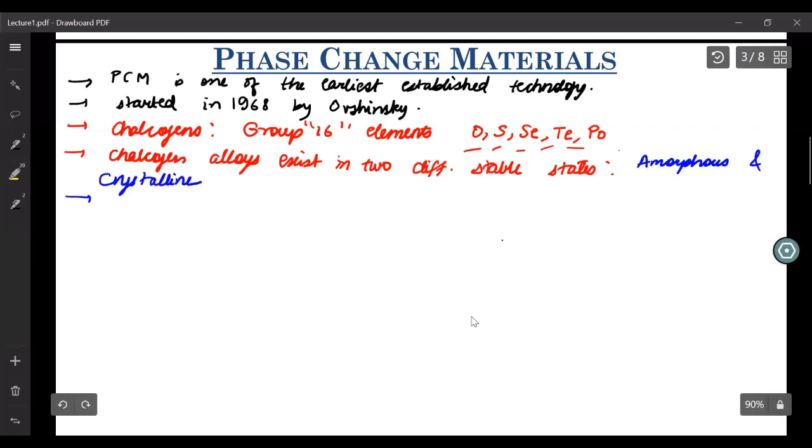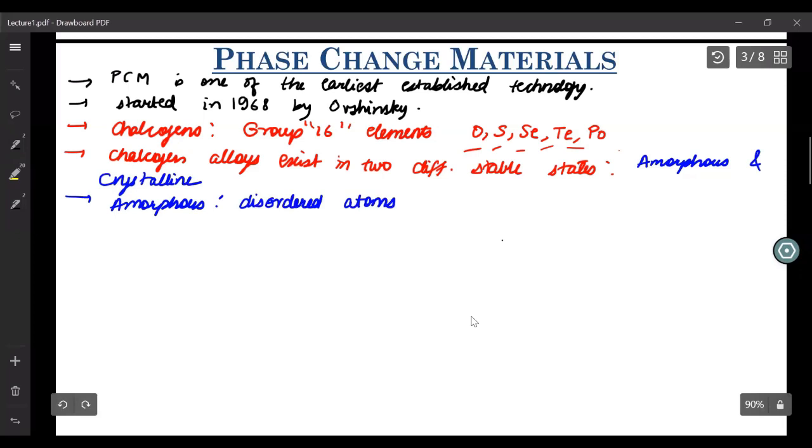Now, what exactly is the amorphous state? You may have also read about amorphous, crystalline, and polysilicon while discussing silicon fabrication in your device fabrication course. You must have read about amorphous materials, polycrystalline materials, and single crystalline materials.